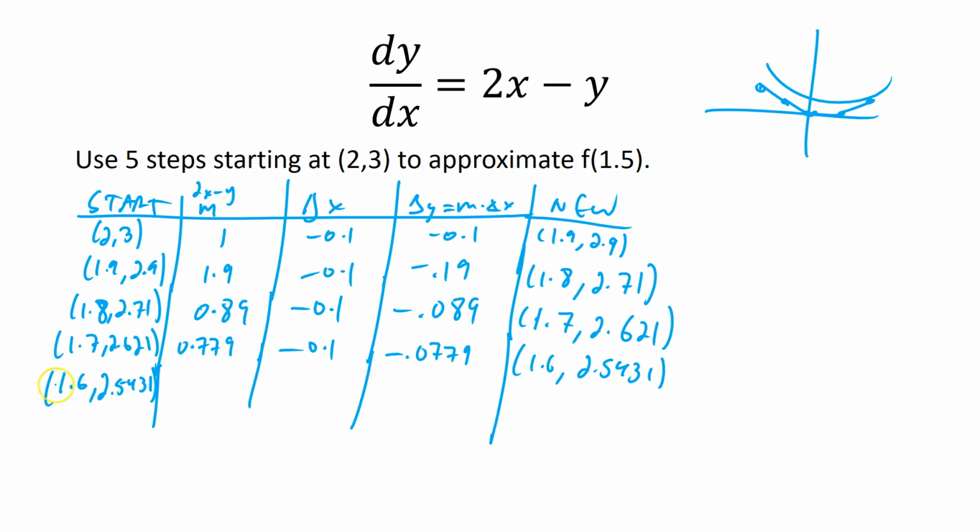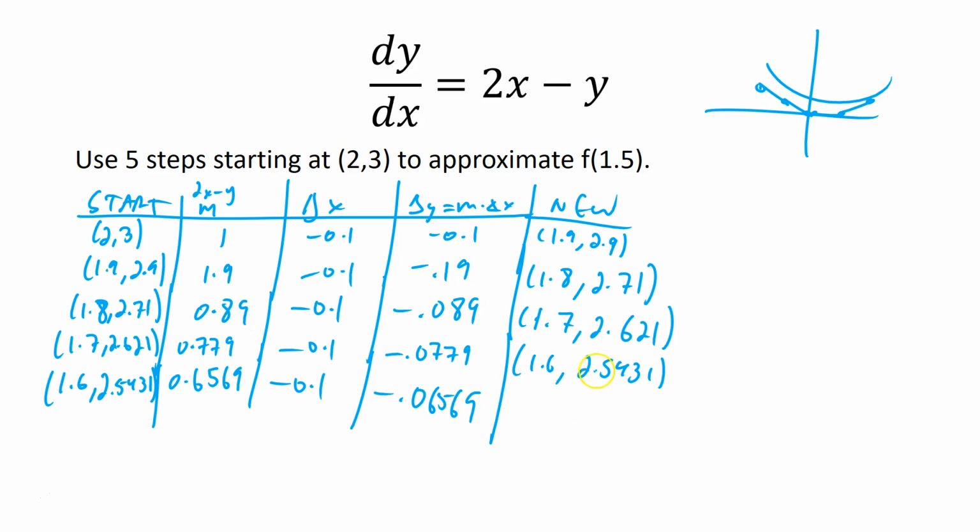And then our slope is going to be 2 times 1.6 minus 2.6641 is 0.5359. All right, delta x is still negative 0.1, so this is going to be negative 0.05359.